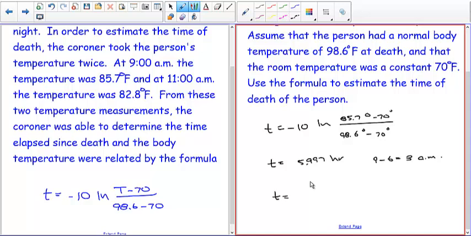And if you did it with the second one, 82.8, the natural log of 82.8 minus 70 divided by 98.6 minus 70. So let's see what that is.